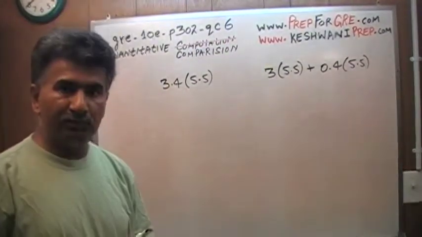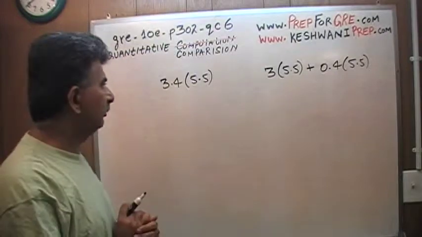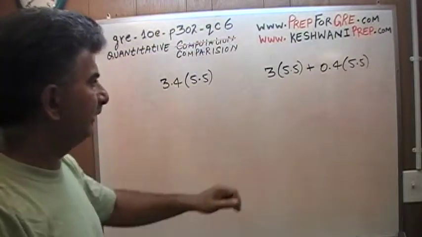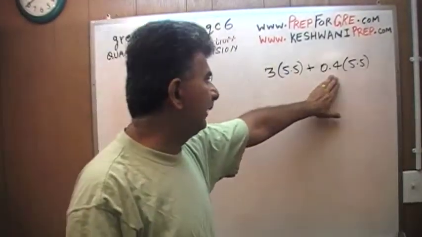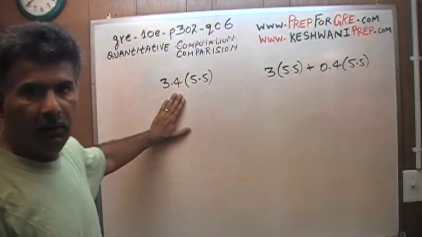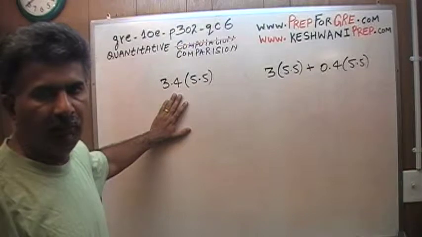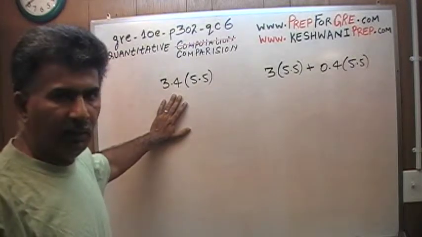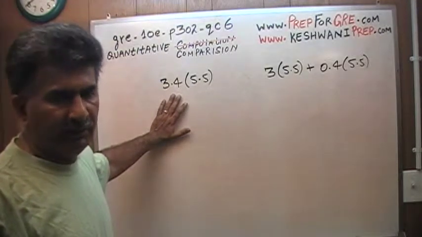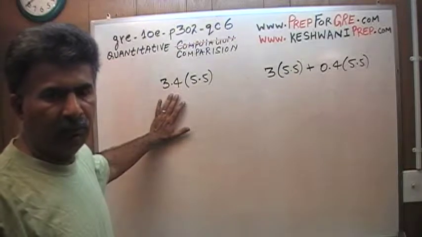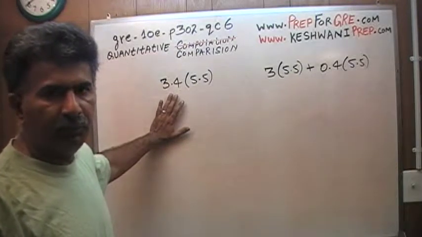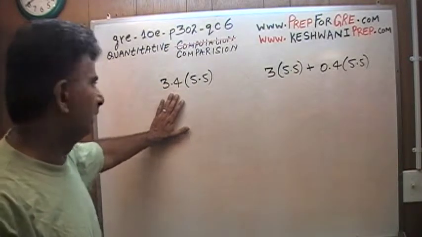You are not to compute the bloody thing, as I always remind you. Don't compute it. I've seen many people sit there and multiply this out and multiply that out. Anybody can do that. Then what's the point of it then? That's not the point here. The point is not to see if you can multiply. The point is to understand what it is that they're testing here, which is, are you quick enough to compare the two things.